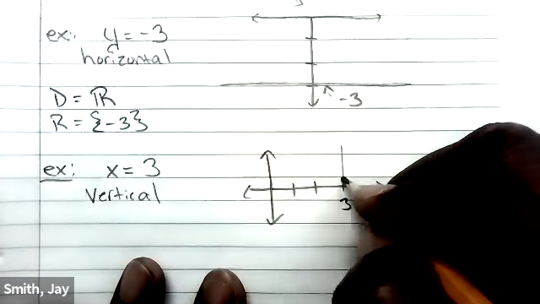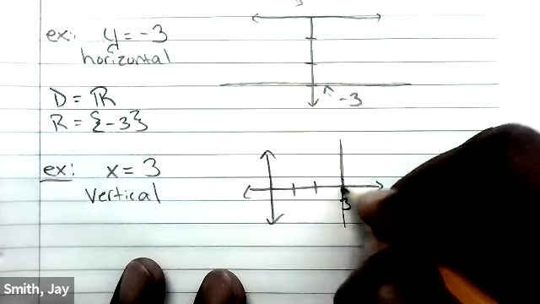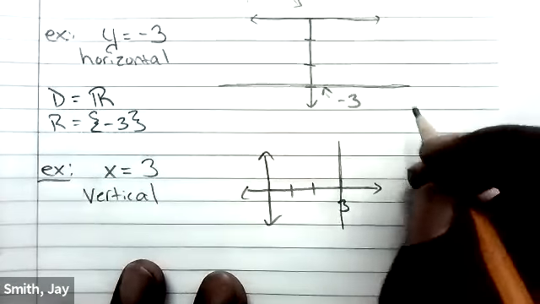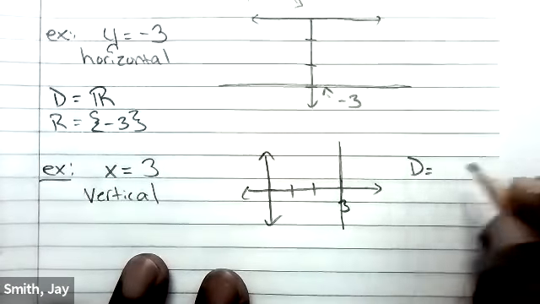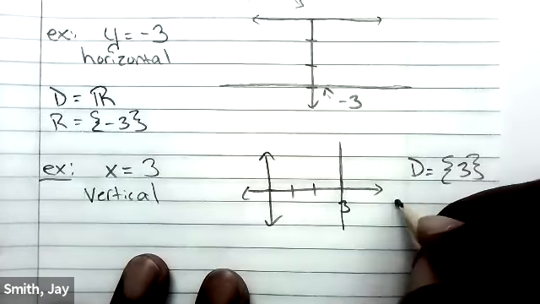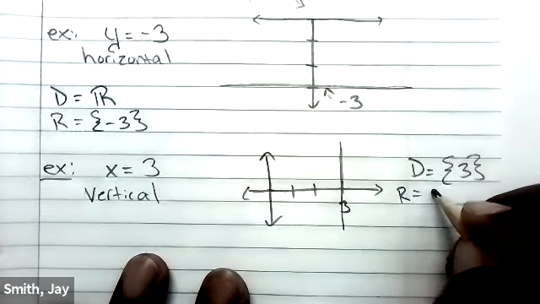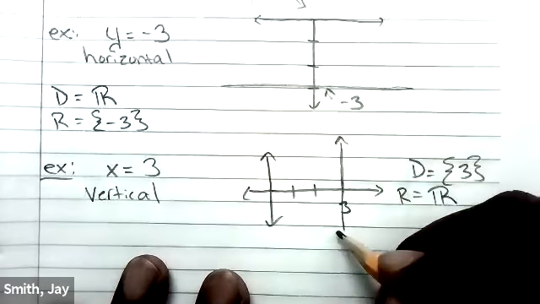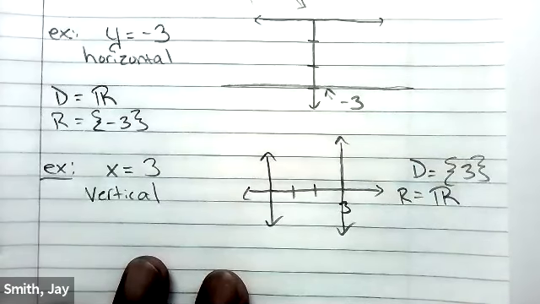And this would be the vertical line, right through 3 on the x-axis. Now, in this case, the domain for this function would be the set containing 3. That's the only x value we would have. Well, the range for this function would be the entire real number system from negative infinity to infinity. So it goes up and down forever, but it only goes through the value 3 on the x-axis.